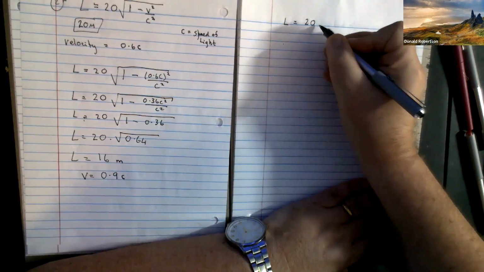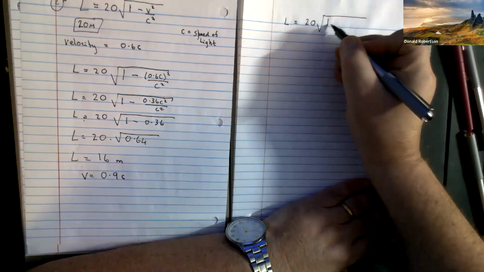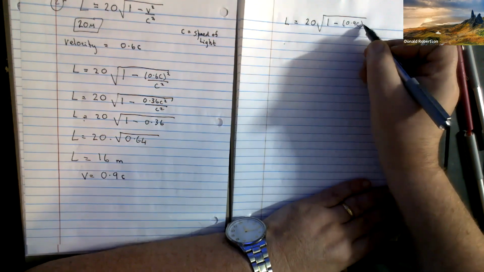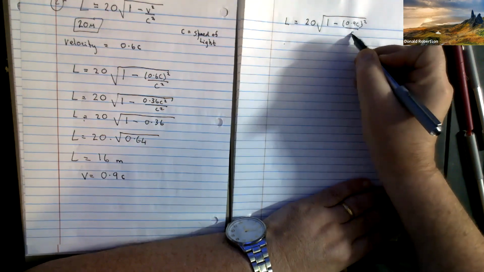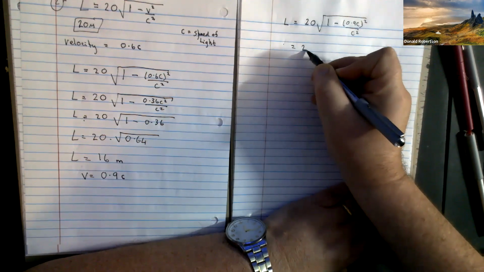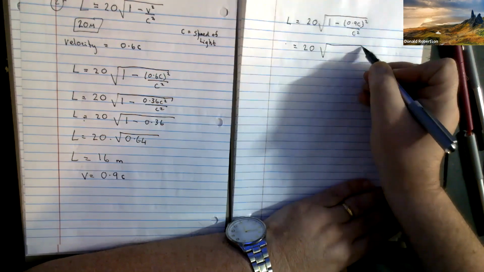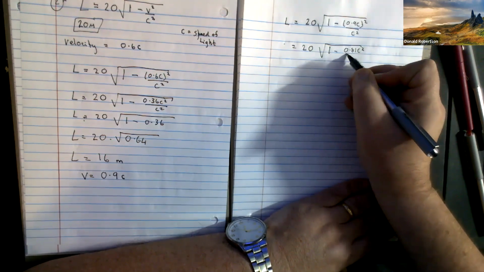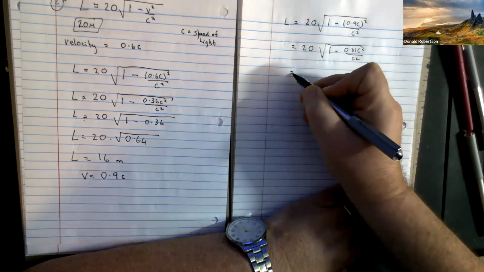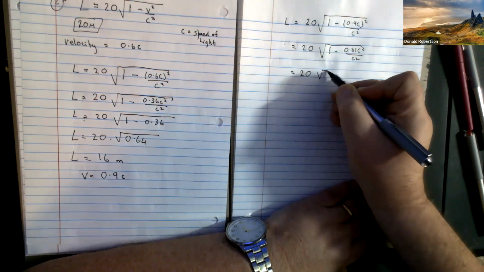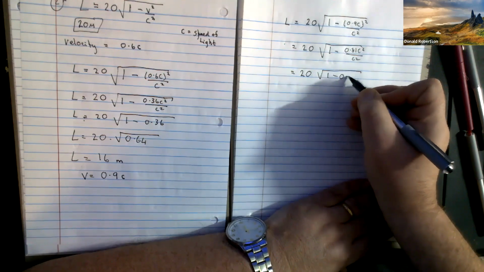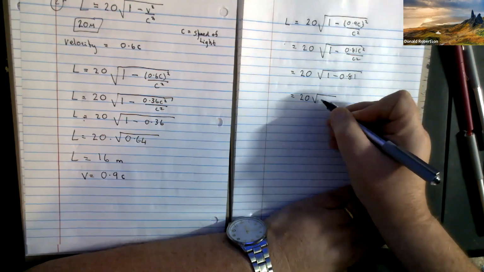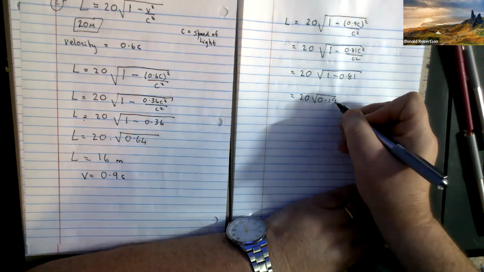So it's 20 times the square root of 1 take away 0.9c, the velocity, squared over c squared. That's 20 times the square root of 1 take away 0.81, c squared over c squared, so 20 times the square root of 0.19.